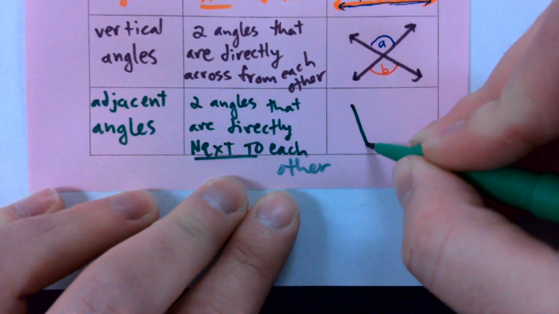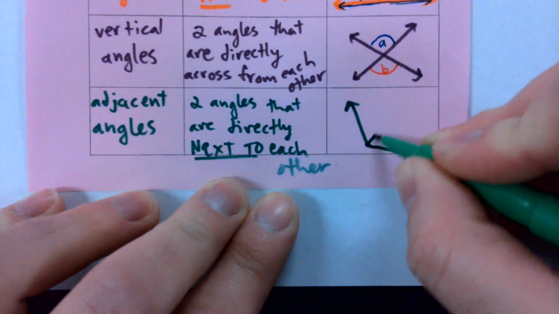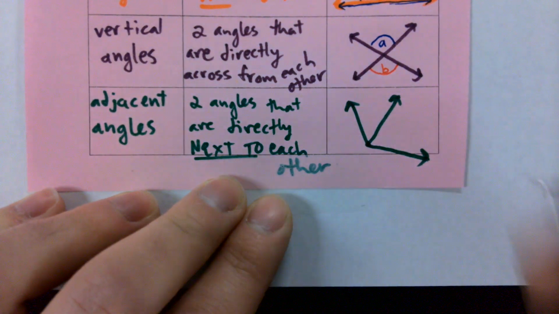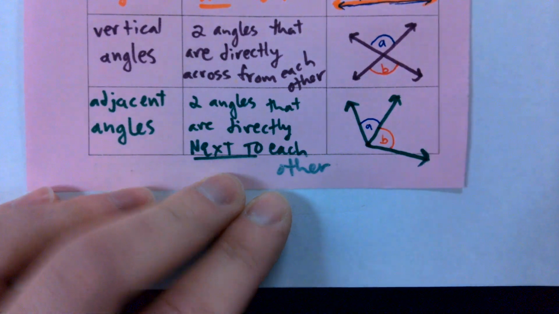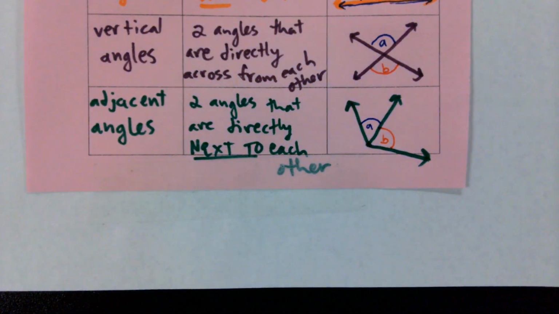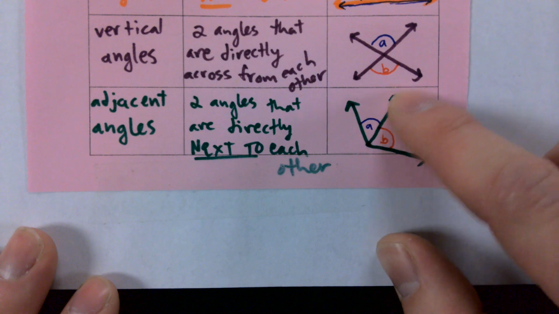Let me draw the diagram first. So if we have angle A right here, angle B right there, those are adjacent angles. They're right next to each other. They share a ray right down the middle of the entire angle.